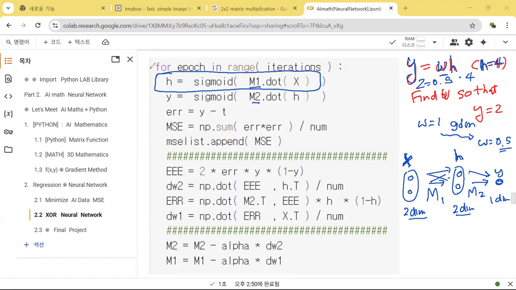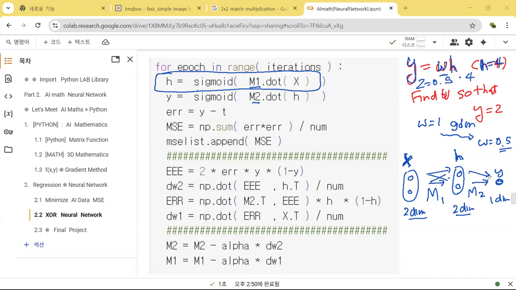In neural networks, sometimes the sigmoid function is very useful. This kind of function is called an activation function, because our XOR neural network is a true-false problem.